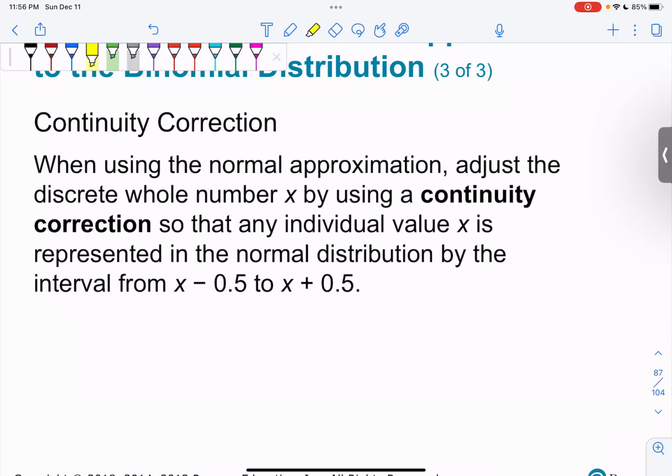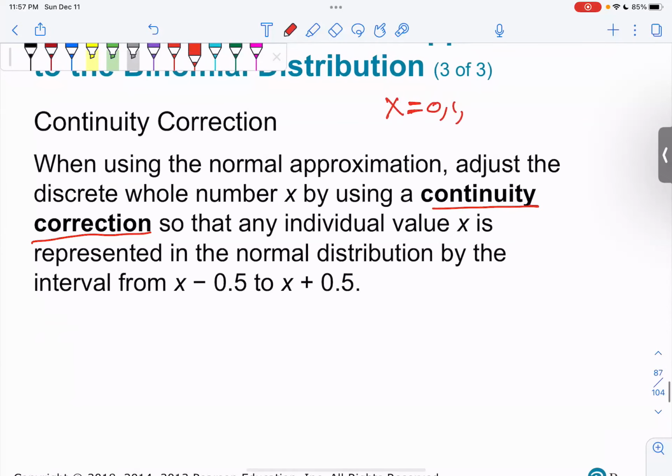And then we have to make sure that we have a continuous random variable, because x of the binomial will be discrete, and x for the normal distribution will be continuous. How do we do that?